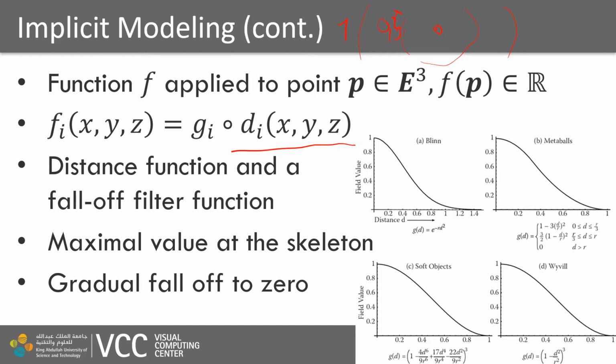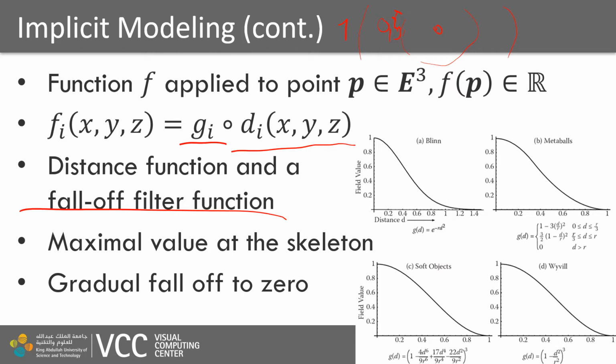And this distance is an input value into a next function, which is the g_i, which is the falloff filter function, which could be differently defined for various purposes. It could be just a simple tent function, which will be having some discontinuities in the derivatives and in illumination.